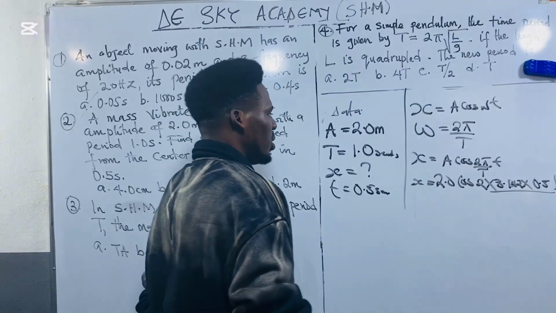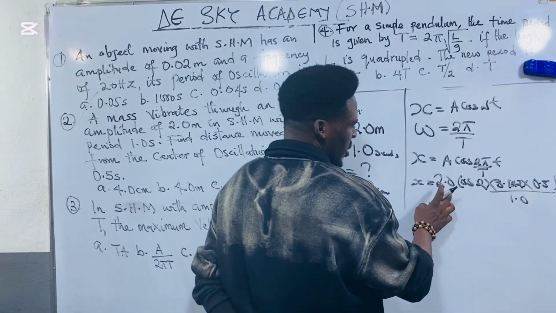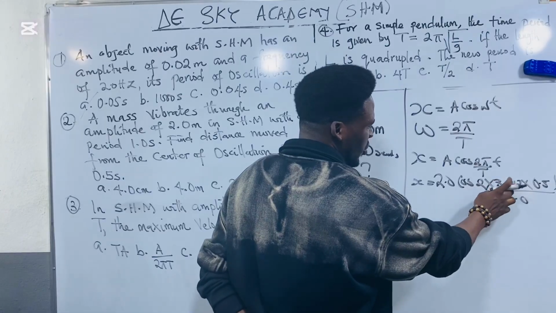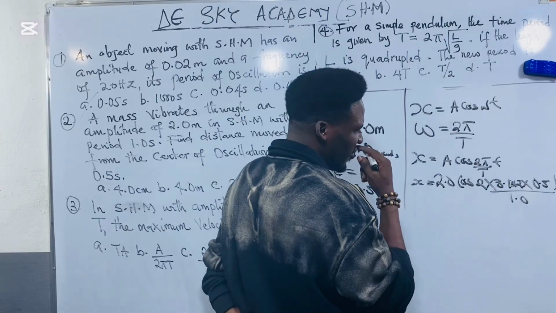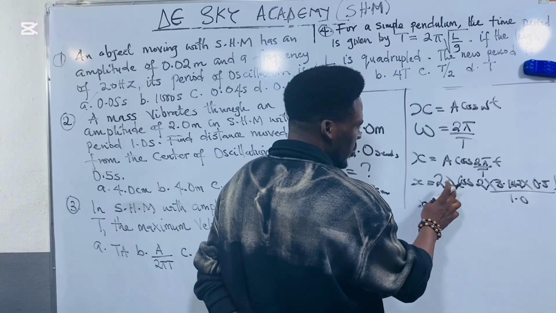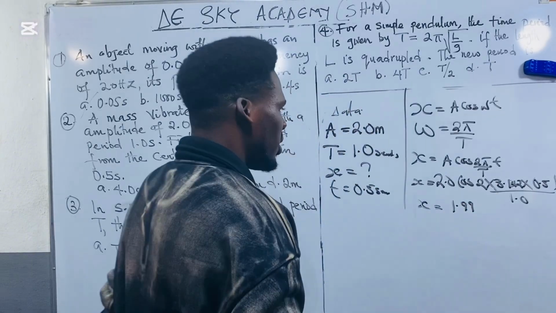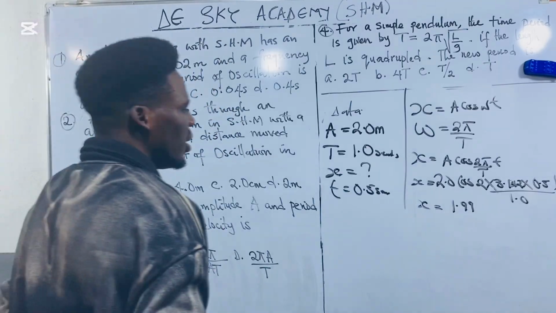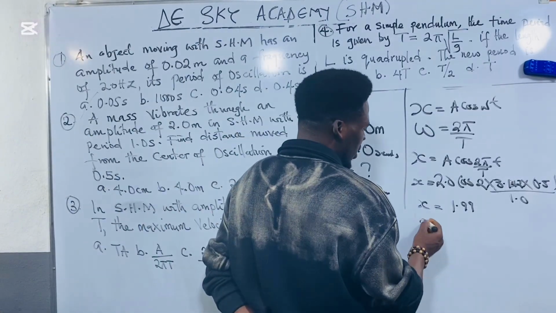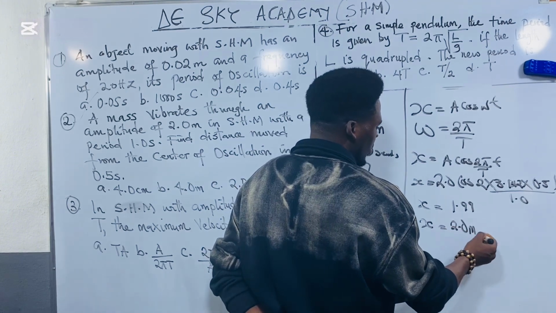What is the t? 1.0. So 2.0 cos of 2 times 3.142 times 0.5. I think I'm going to have it as 1.99. So approximately I will have this as 2.0 meter.